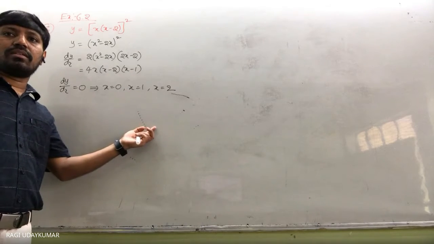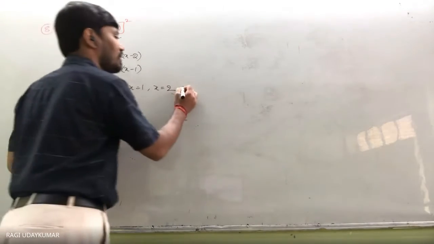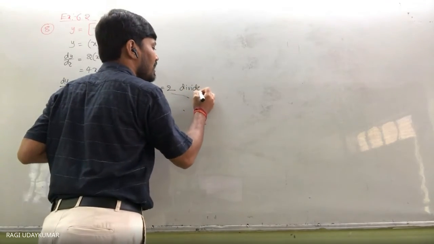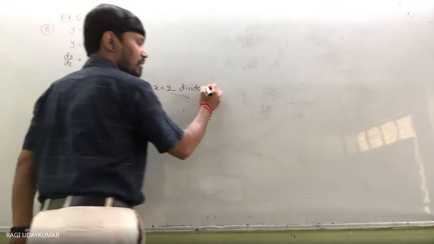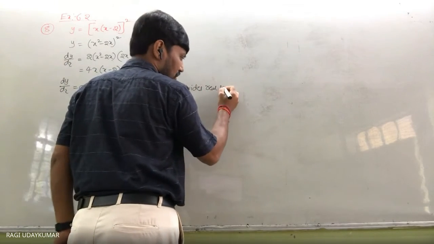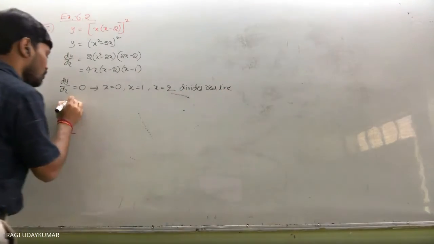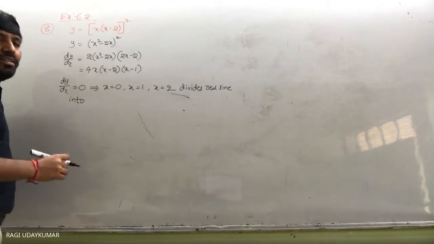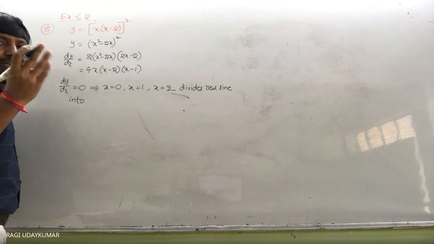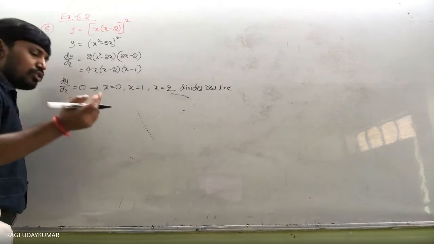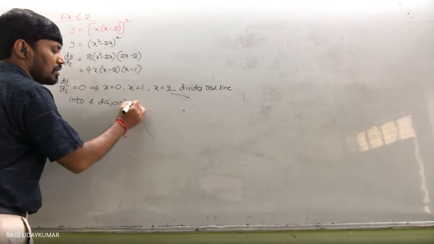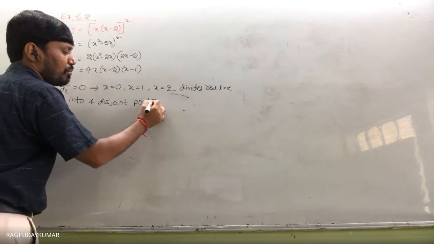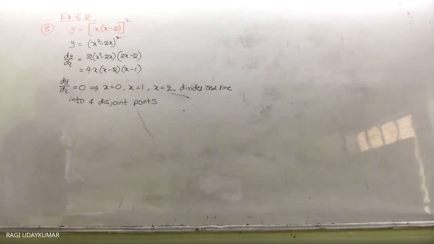These points will divide the real line. These points will divide the real line into how many disjoint intervals? 4 disjoint intervals. 3 points will divide it into 4 disjoint intervals.